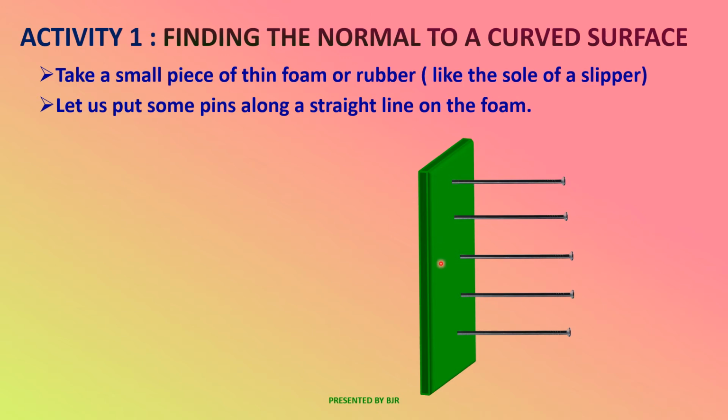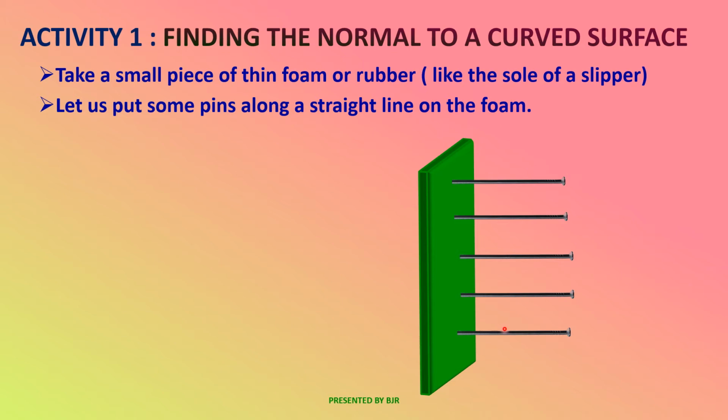This is the plane of the foam or rubber. So all these pins, for example, take this pin. This pin is perpendicular to the plane of the foam. So here all the pins represent normals. If we consider the foam as a plane mirror, all these nails or pins represent normals.